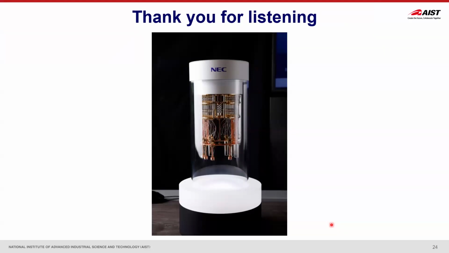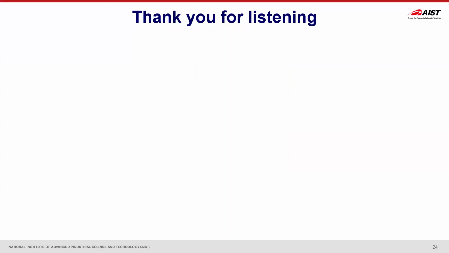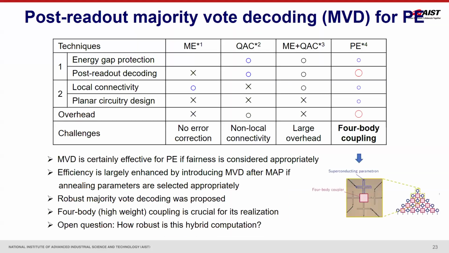Yeah, thanks for your talk. So let me ask a question just to sum up what I think I understood. You propose a new way of decoding the results of error-corrected quantum annealing, right? Yes.